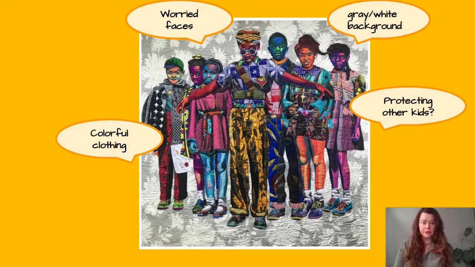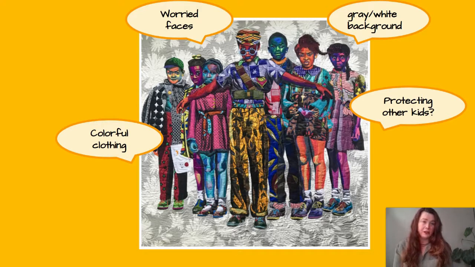Using our visual literacy tools to see again, we notice a lot of new things. Some of my friends noticed some worried faces on the characters. Others keyed in on the gray-white background and brilliant colors of the characters that draw you into the middle of the piece.